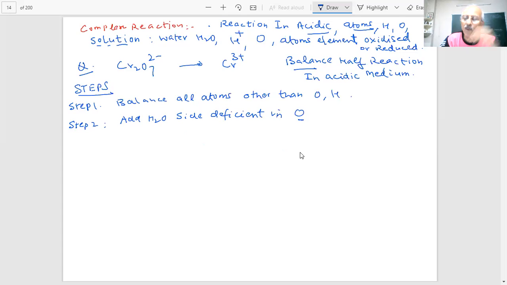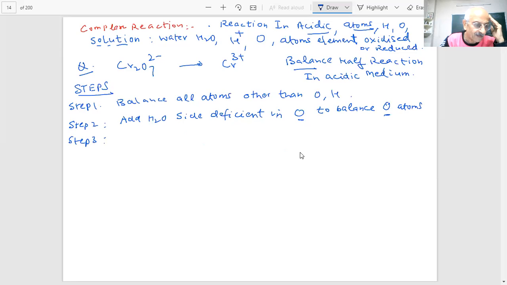If oxygen is more somewhere, then on the other side, H2O has oxygen, so I will add water on the other side to balance the oxygen. Add H2O to the side which is deficient in oxygen to balance the oxygen atoms.